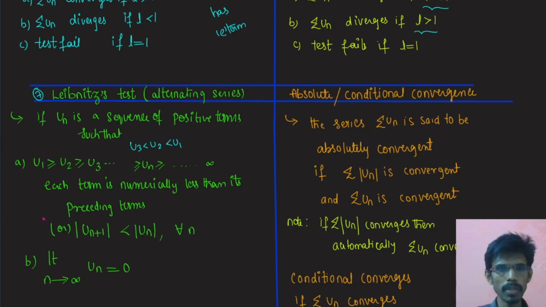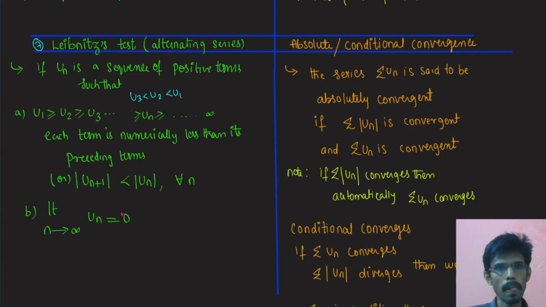That is, each term is numerically less than its preceding term. We say mod of un plus 1 is less than mod un, meaning the next term is less than its previous term.